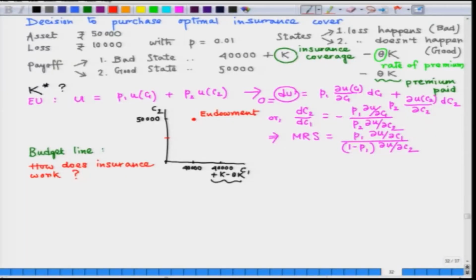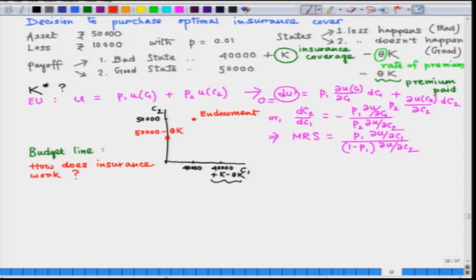So, if the consumer now adopts insurance, so in good state he has 50,000 minus theta k. So, that is basically the premium that he has to pay to the insurance company, and suppose this is the value that he is left with for consumption in a good state.